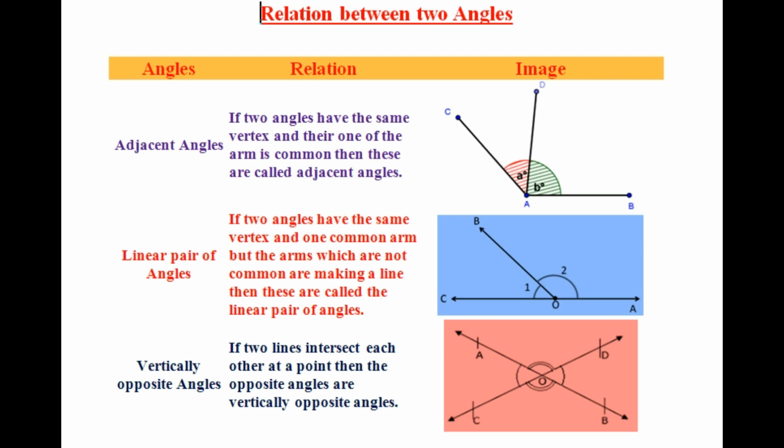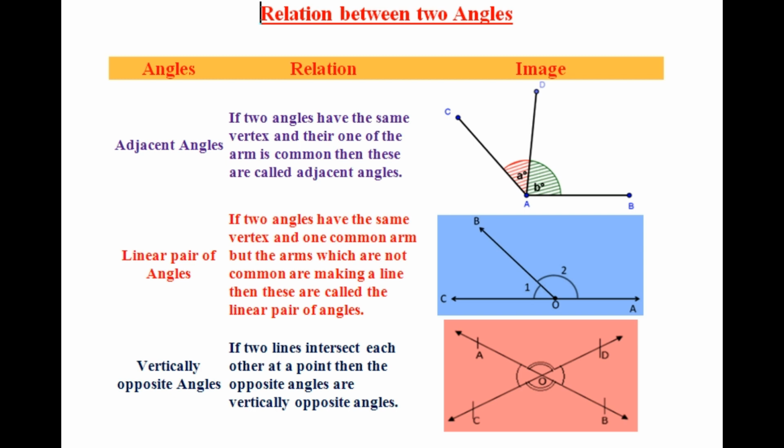That means you see OA and OC. Clear? The two arms are straight, that is, the non-common arms are straight. Then you have one common arm, that is OB. It forms two angles. These two angles, 1 and 2, are called linear pair of angles.